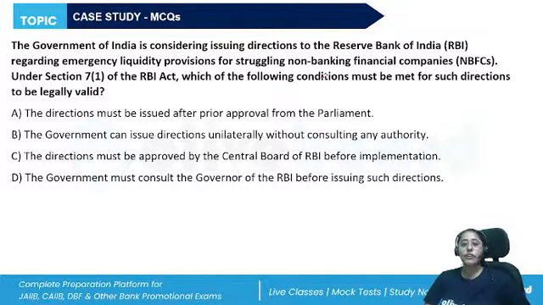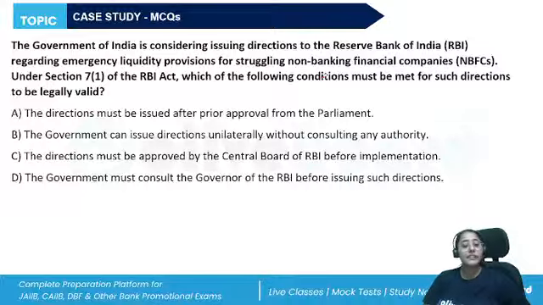Again, this is a scenario based question. The government of India is considering issuing directions to RBI regarding emergency liquidity provisions for the struggling NBFCs. Under Section 7 subsection 1 of the RBI Act, which of the following conditions must be met for such directions to be legally valid?